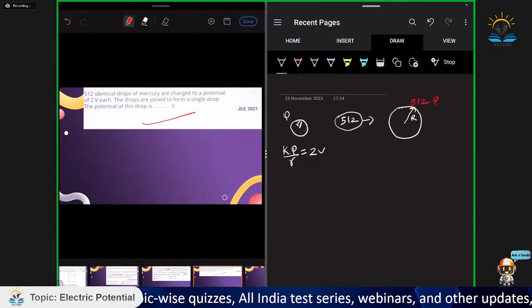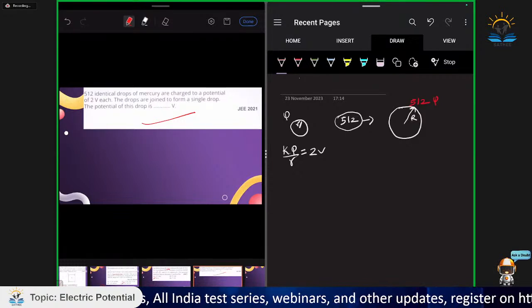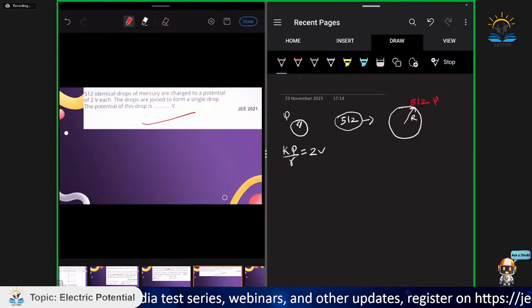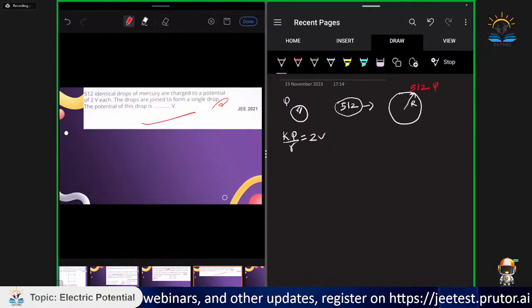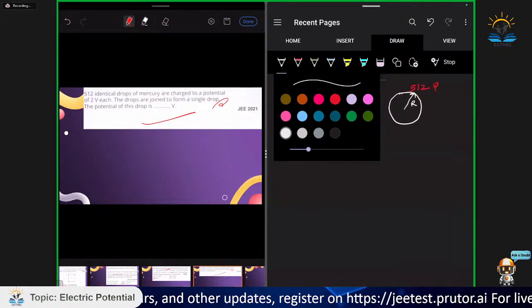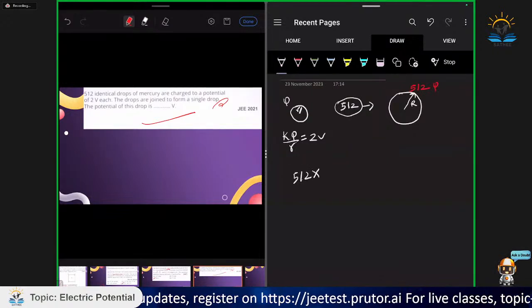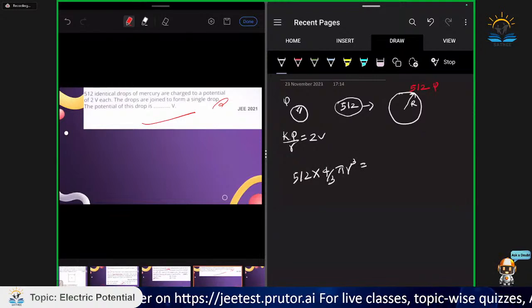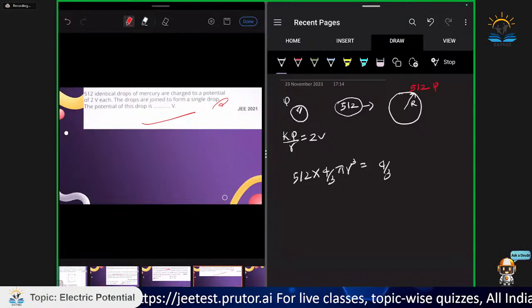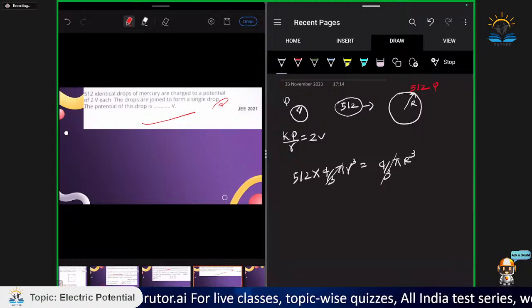And how do we find the final radius of the single drop? By conservation of volume. The initial volume is 512 into 4 by 3 pi small r cube, equal to the final volume 4 by 3 pi capital R cube. 4 by 3 pi we can cut.